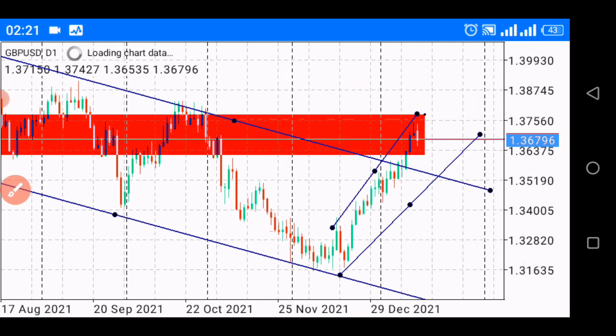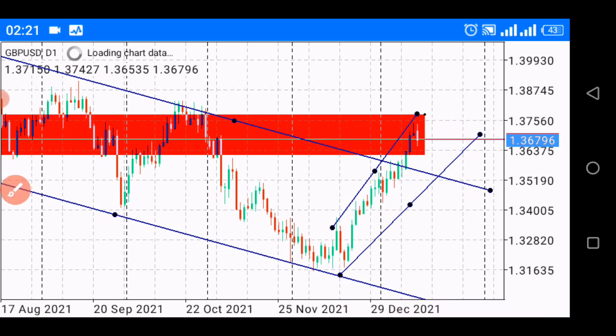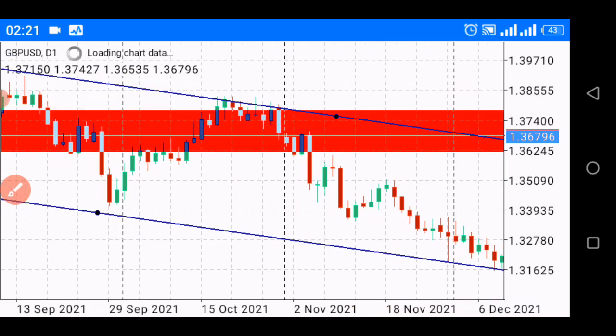So now, for our entry point, we are going to wait for the market to give us the reaction. The market is going to give us the reaction here. We are going to wait. We are going to see, certainly the market is going to give us information here. You see, when price approaches this zone, you can see a lot of information we have here. The price moves like this.